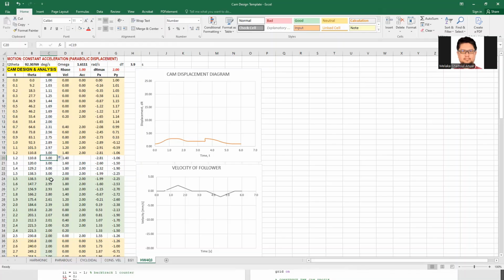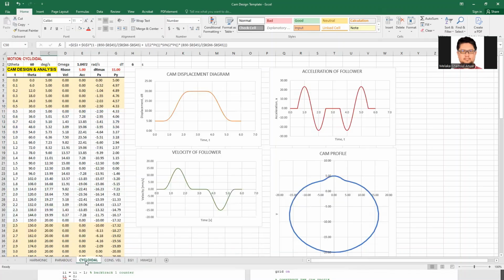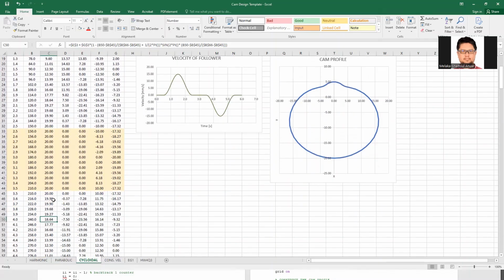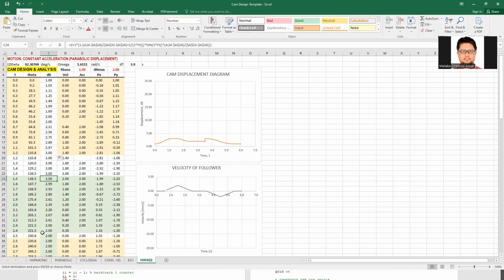So plateau, and then from the second 1.5 will be decrease using cycloidal regime. So you go to cycloidal and then copy the fall part. The fall part is, say, this one. So you just copy that, go back here, then from here 1.5, I'm just gonna paste it.